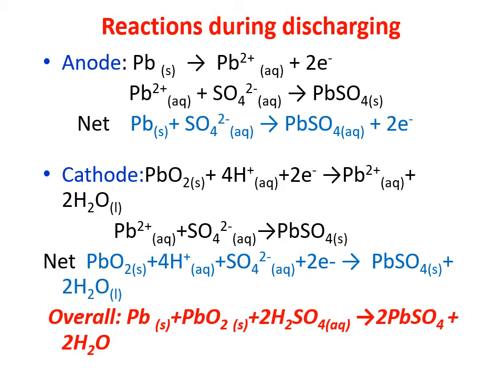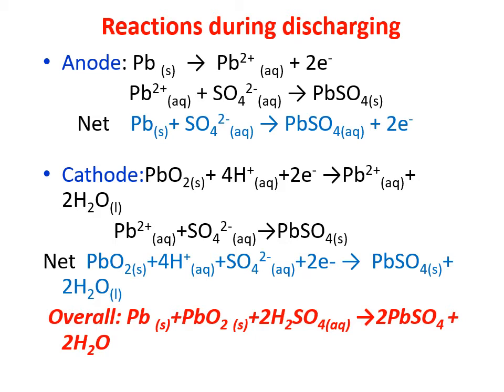Then this oxidized form of Pb, that means Pb2+, reacts with SO4 2- from an electrolyte. It gives PbSO4. So the net reaction at anode is given as Pb plus SO4 2- gives PbSO4 plus 2 electrons.